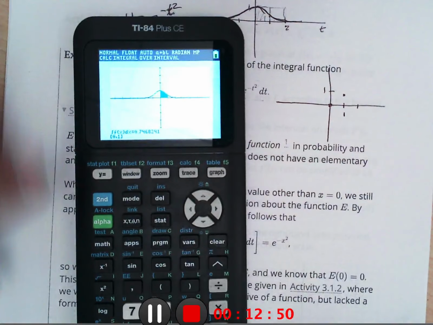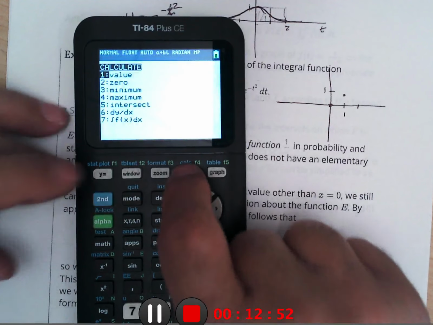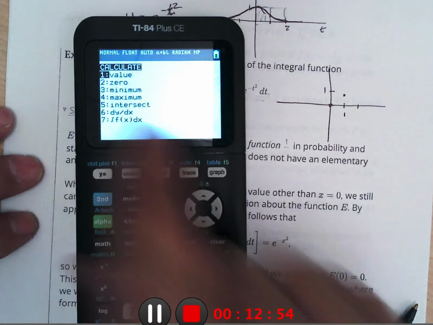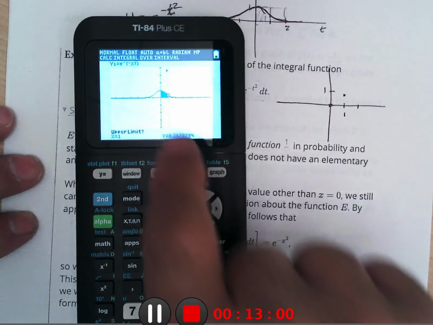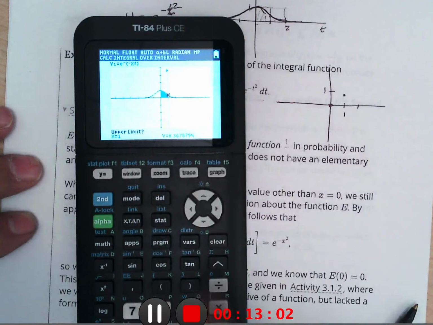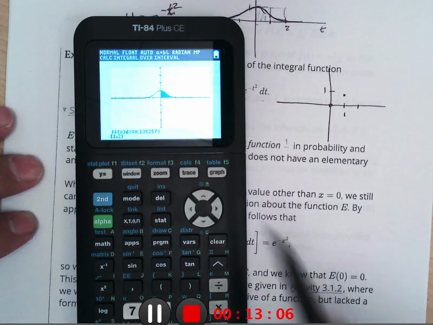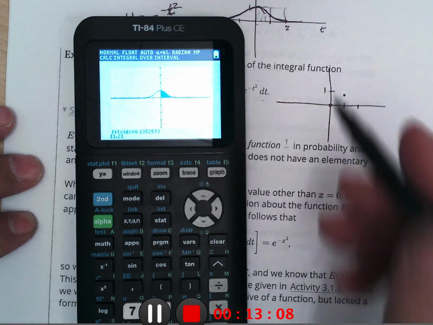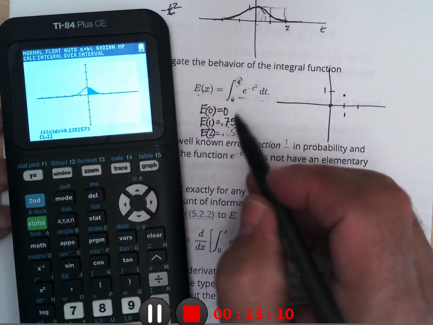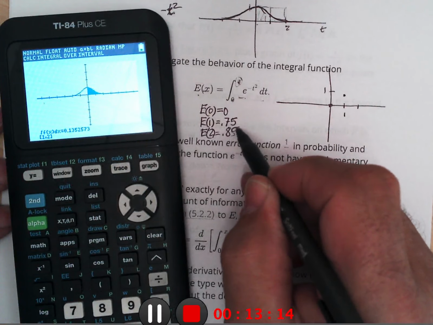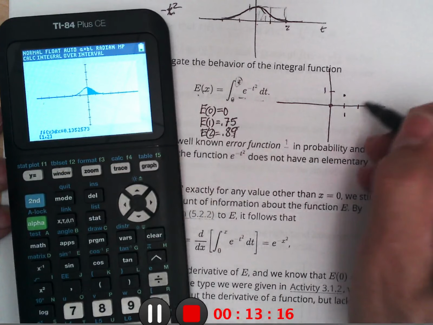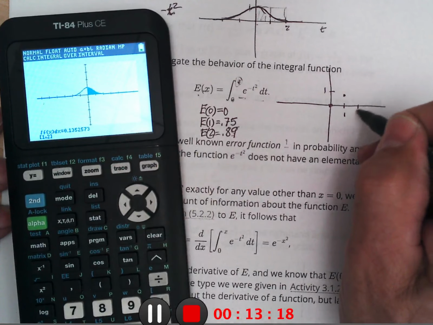So second, calculate the integral, and it's starting at 1 and going to 2, and that added 0.14 to this, so that would be 0.89-ish. So at 2, it's got to be 0.89.